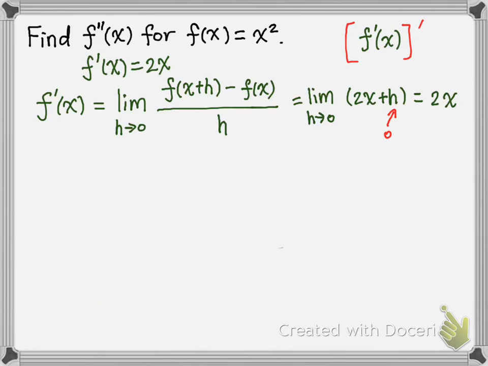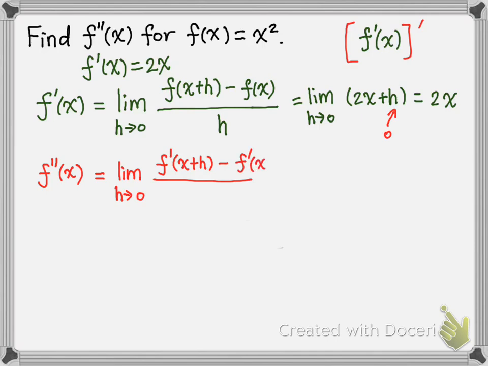And we will write f double prime of x, and it is equal to the limit as h goes to 0 of the first derivative at x plus h minus the first derivative at x, all over h.